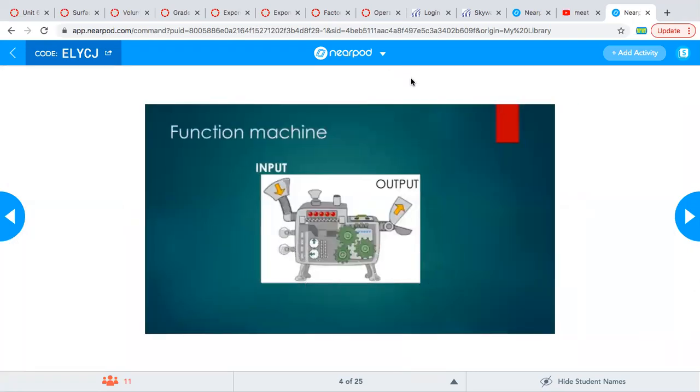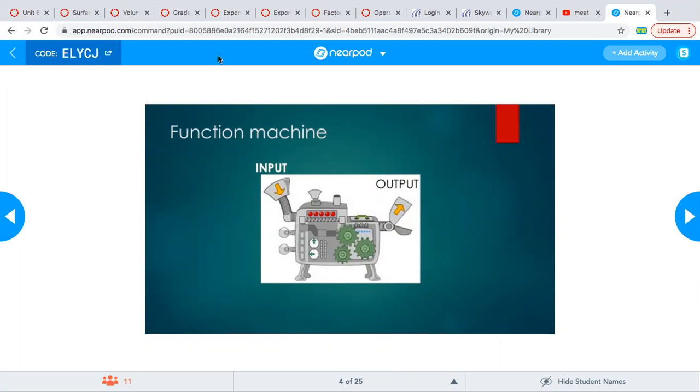This machine or this concept, you should have been doing this since elementary school. You input something and some output comes out.